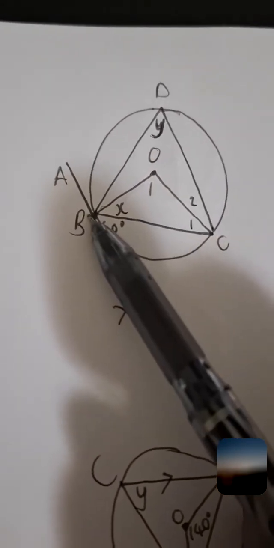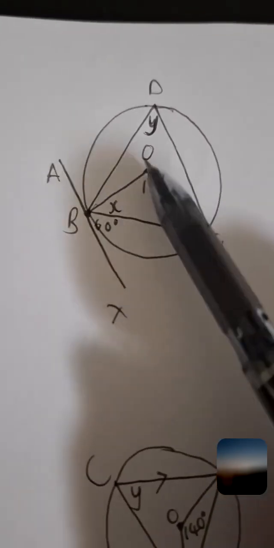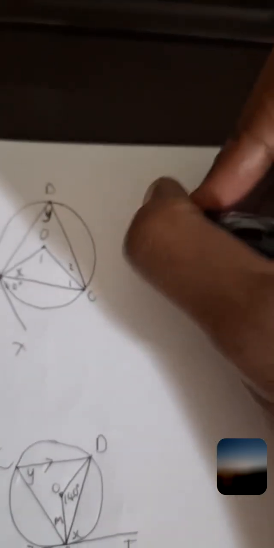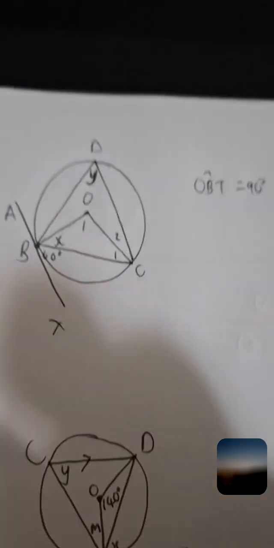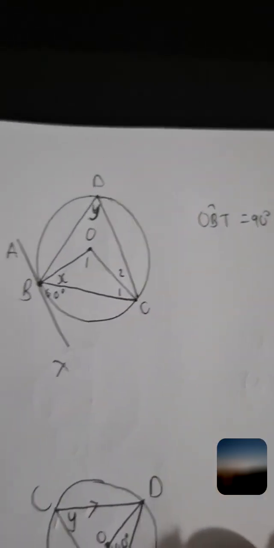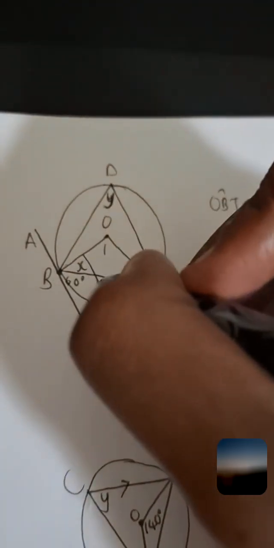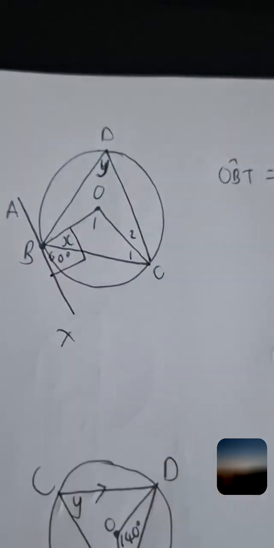Reason: tangent perpendicular to radius. Awesome. Tangent perpendicular to radius. Yes. Nice. Very smooth.